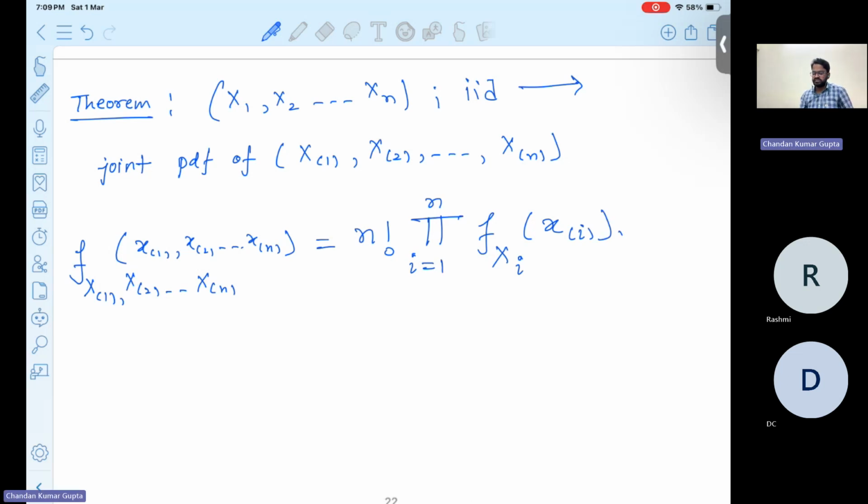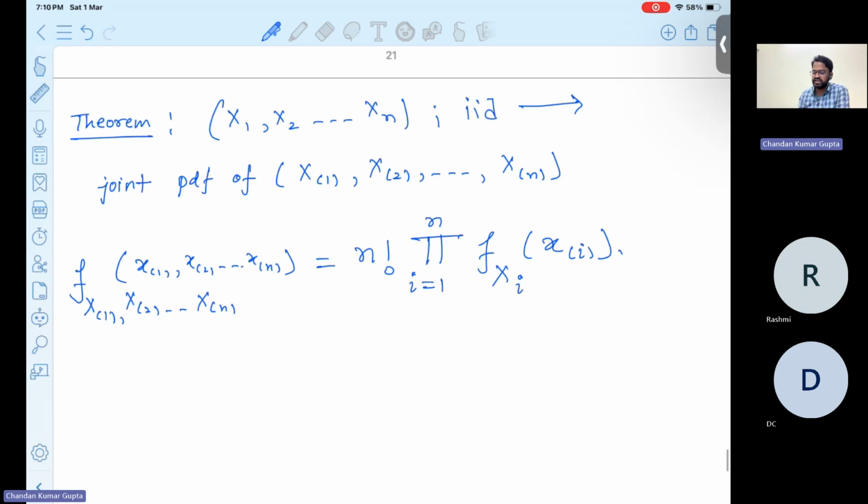Here you can see that we have taken the product because we have already assumed that it is IID, independent and identically distributed. So x1 has the same distribution, x2 has the same distribution, all of x1, x2 and xn have the same distribution. So we have considered n factorial and then the product of f of xi, with i taken from 1 to n. So the joint PDF in the ordered format, when we discuss order statistics, is calculated by this theorem, or by this expression.